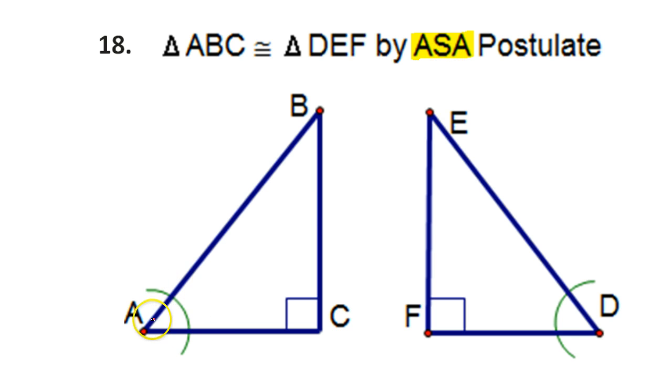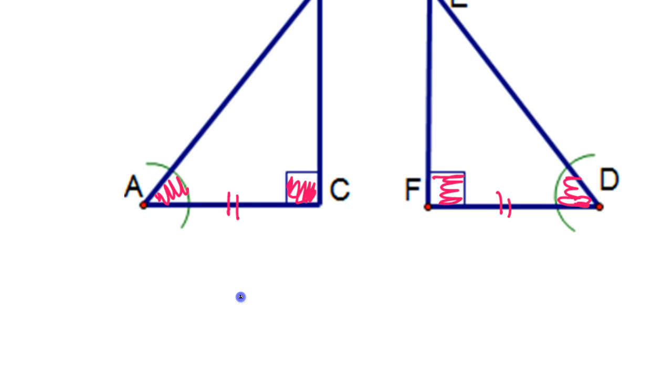So look, if this is an angle right here and this is an angle right here, the side that's between them is this side right here. All right, let me do that from here also. Okay, so that's what we would need, the additional information that wasn't already marked. We need AC to be congruent to FD. AC needs to be congruent to FD.